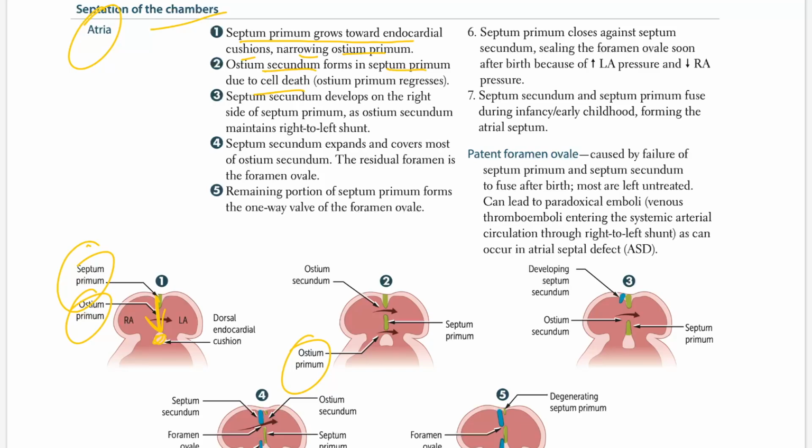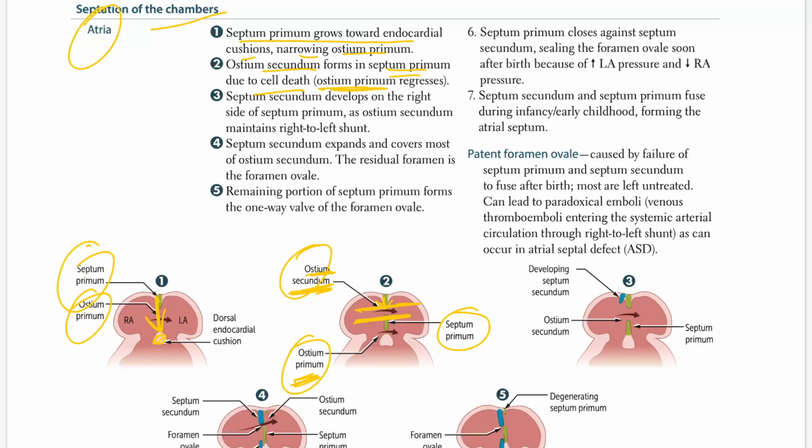So the septum primum is still growing towards that endocardial cushion. So we still have this ostium primum, but because of cell death, we have just developed the ostium secundum.